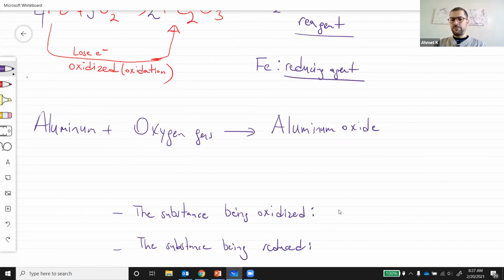Okay, let's write it down, and then maybe we can do one or two. The formula for aluminum oxide would be Al2O3, right?